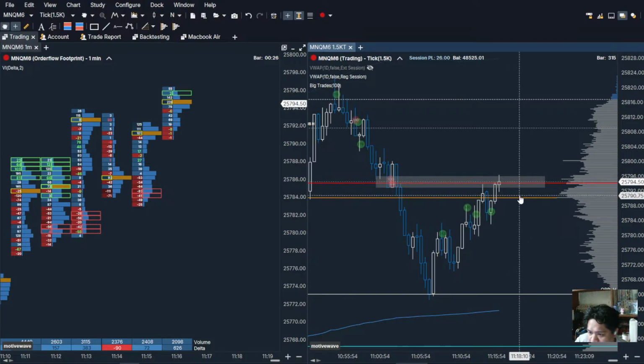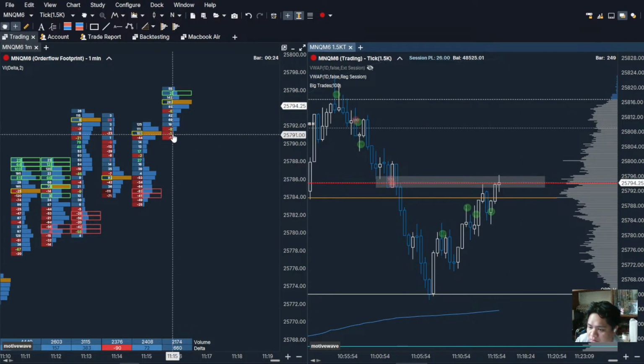No sellers, no buyers are getting absorbed, guys. Looking at the 1 minute, no buyers are getting absorbed yet. Buyers are still intact.